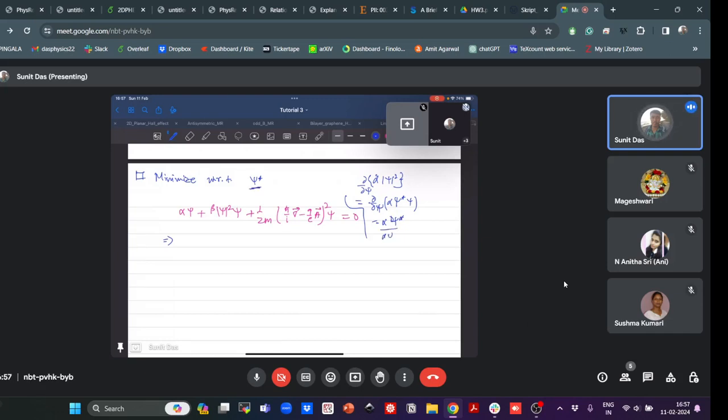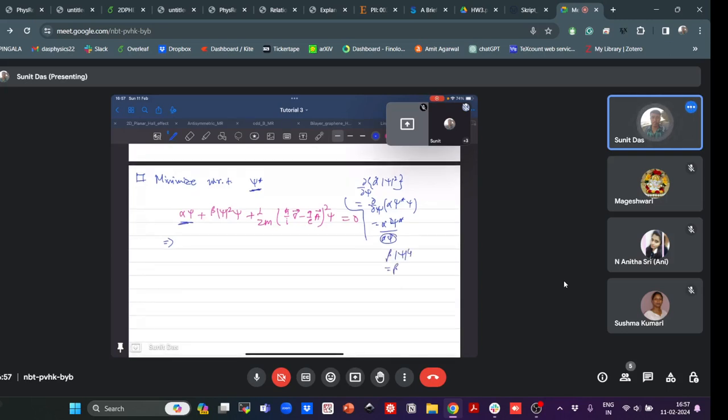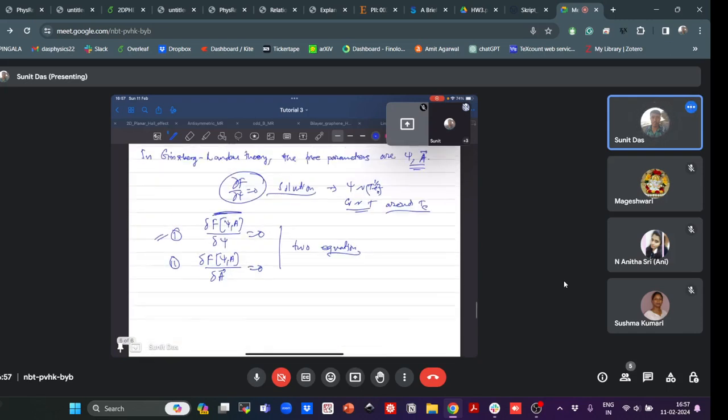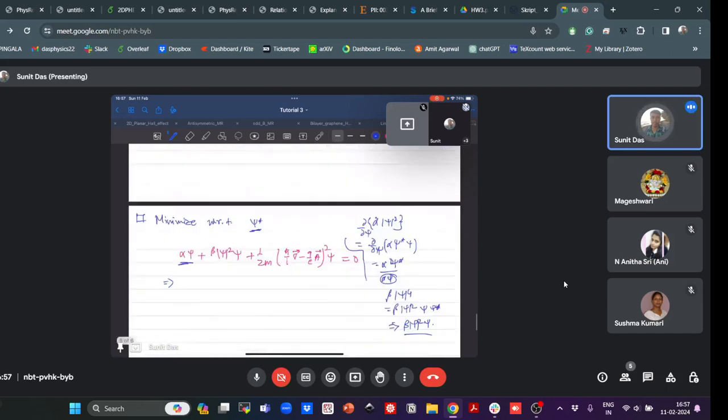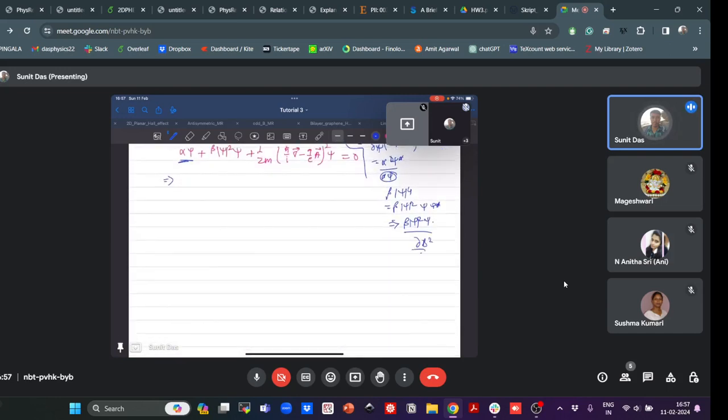Similarly, beta psi to the power 4, we can write as beta psi squared psi star squared, so when we take the derivative with psi star, it will be beta |psi|^2 psi. And when we take the derivative of the gradient term, the psi star will go away and the rest of the terms will be there. That's how we got it. And B squared is independent of psi anyway, so del B squared del psi star equals 0, right?